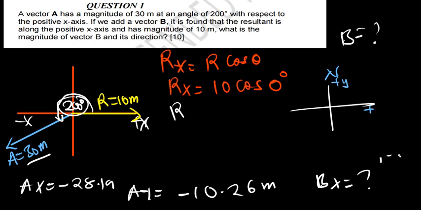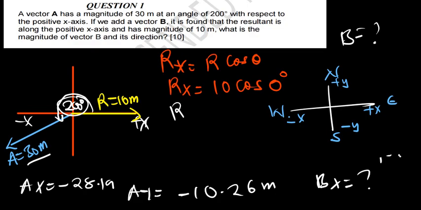This is positive x, which is also east. This is south, which is the negative y-axis. This is west, which is the negative x-axis. Sometimes they say negative x-axis, and it's the same as saying the vector is going toward west.